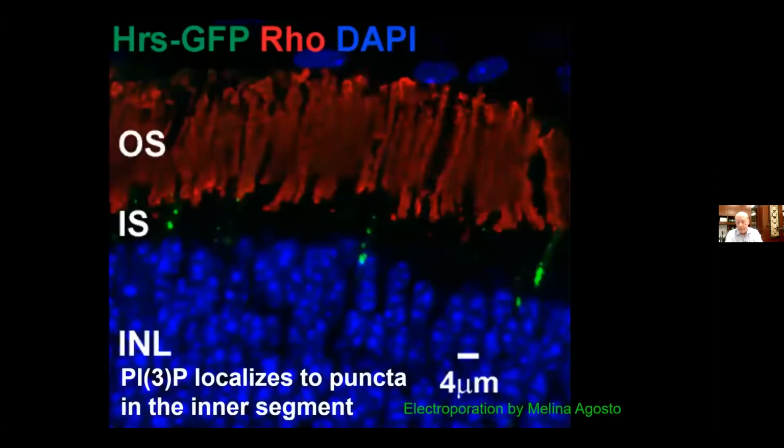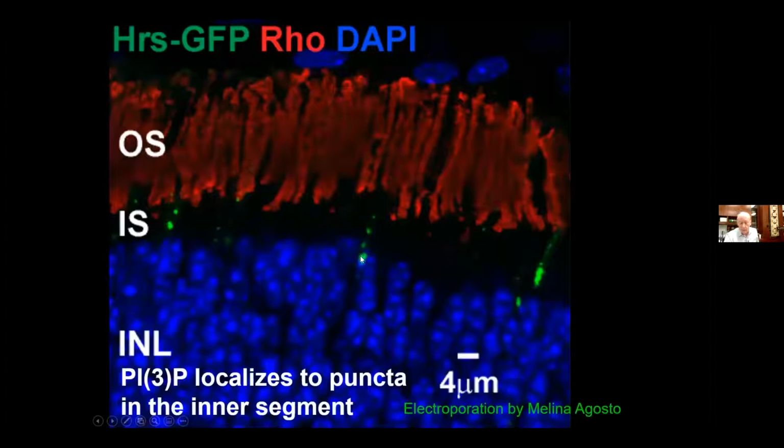Where is PI3P? So PI3P in rod cells is located in these rather large puncta that you find at different sizes in different parts of the cell. So there are very large puncta that are observed near the outer nuclear layer, and at least some of these are likely to be Golgi, as we've seen in other cell types.